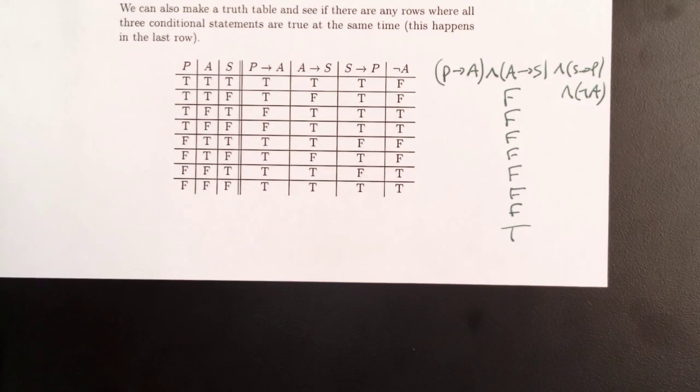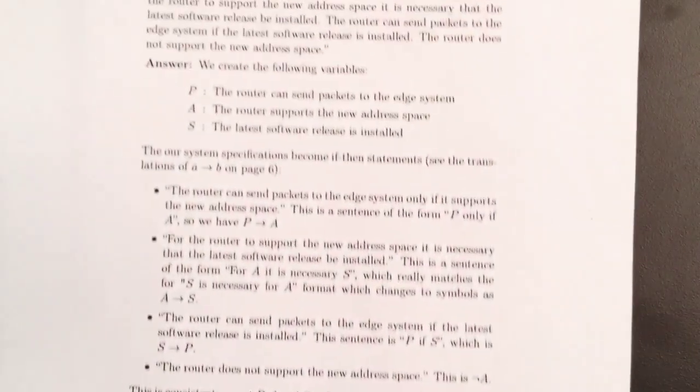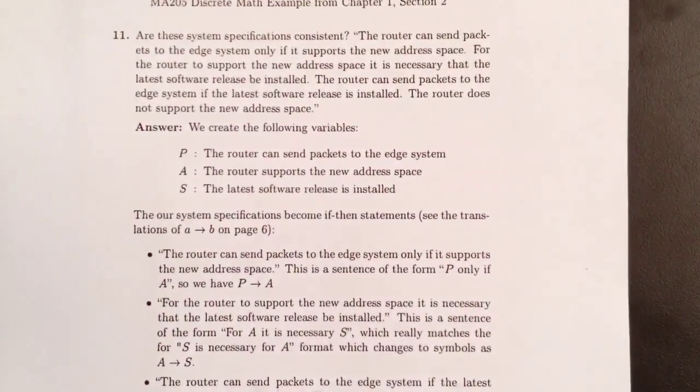Of all the sentences that we had, which ones are the variables? Because the for statement in the middle is throwing me off. It supports the new address, and then at the bottom it says the router does not support the new address, so those 2 are together. The one with for the router to support the new address space, it is necessary that the latest software release be installed, period, right?